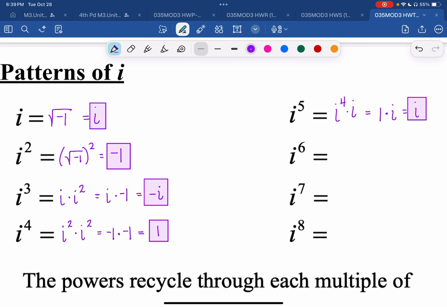I to the sixth, I could rewrite that as i to the fourth times i squared, and i to the fourth is 1. i squared is negative 1, so i to the sixth is negative 1.